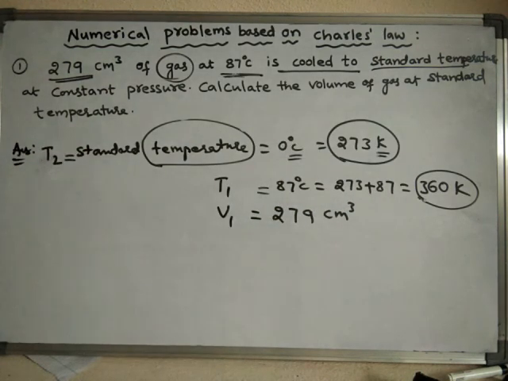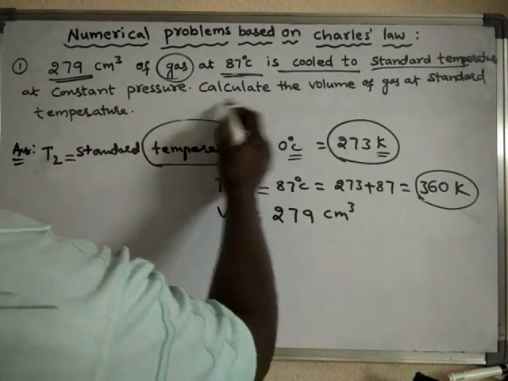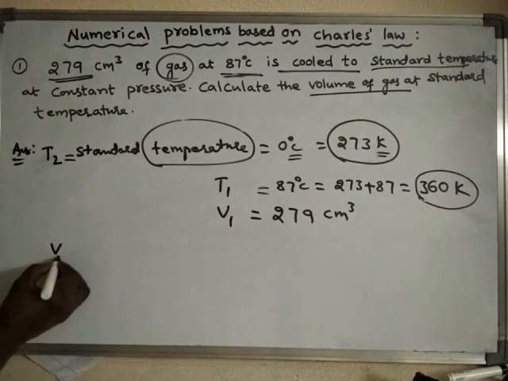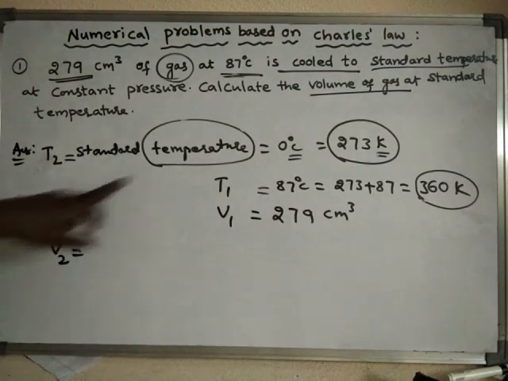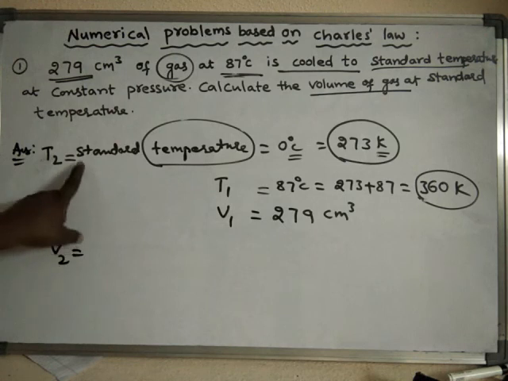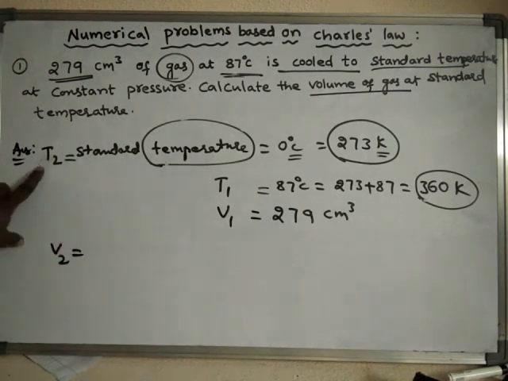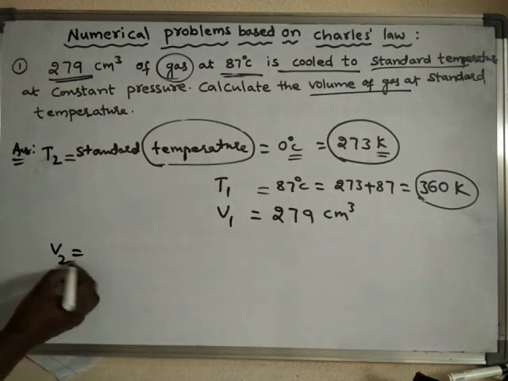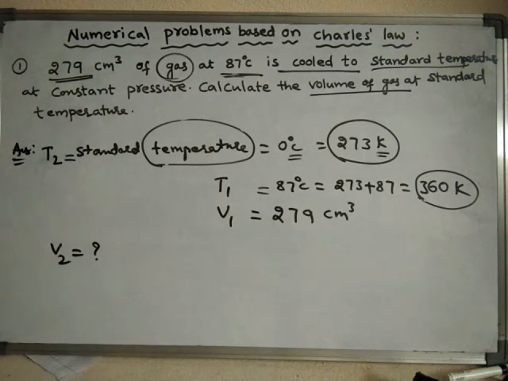Now in the question it is asked: calculate the volume of the gas at standard temperature. So what is the volume of the gas at final temperature? What is the final volume of the gas? We have to calculate it.